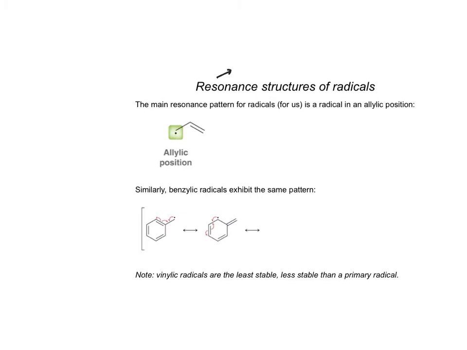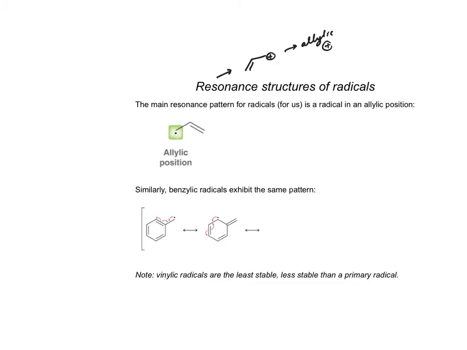So for example, let's say we had a positive charge that was in an allylic position to a pi bond, right? We would have called this something like the allylic positive charge, or allylic carbocation. And we know that there's a pattern that we can draw a resonance structure for this, right?